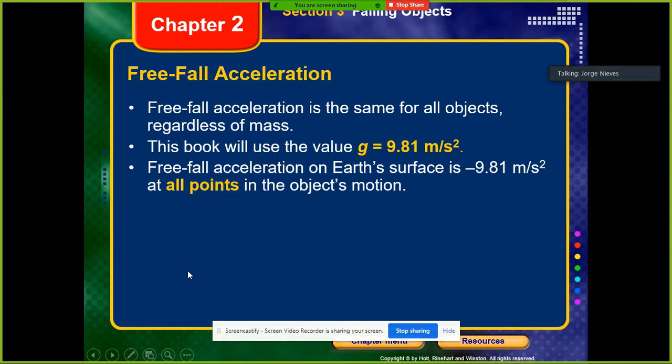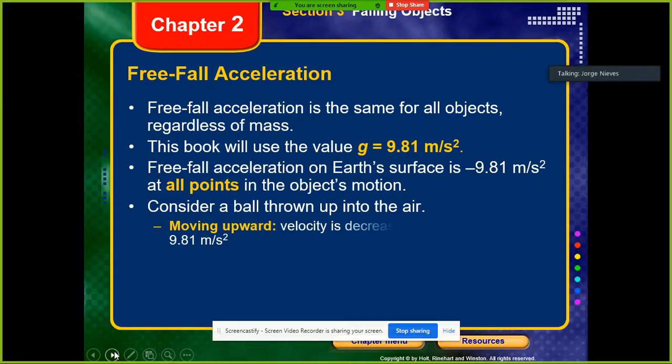So free fall acceleration on Earth's surface is negative 9.81 meters per second squared at all points in the object's motion, okay? So that's a quantity that we're going to use for all problems, okay? Consider a ball thrown up into the air. It's going to have the same gravity, okay?